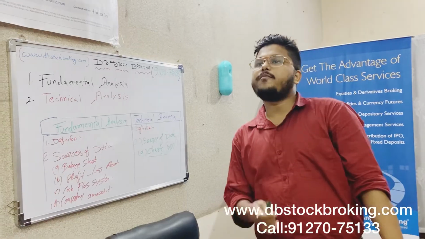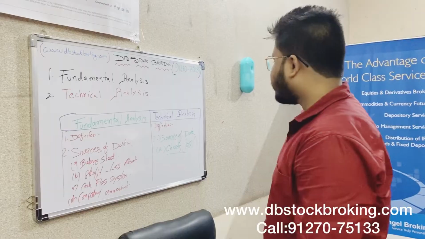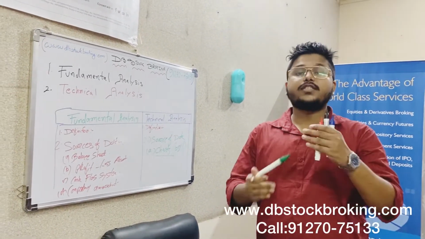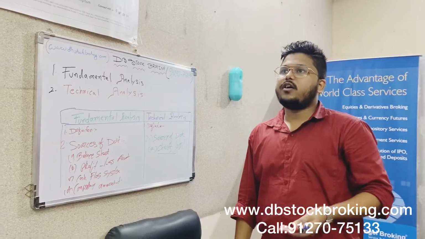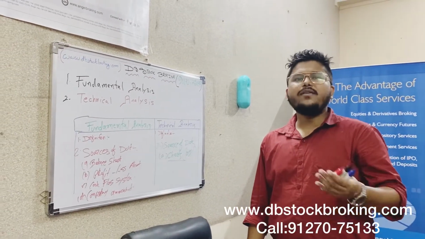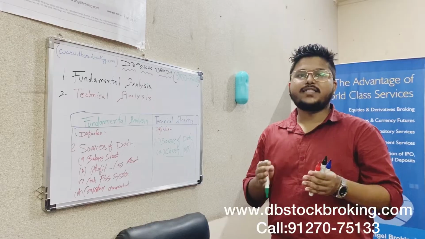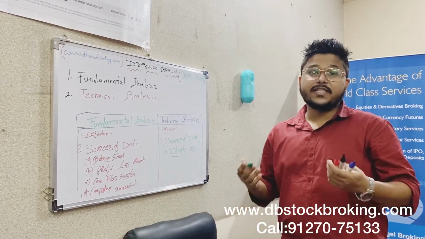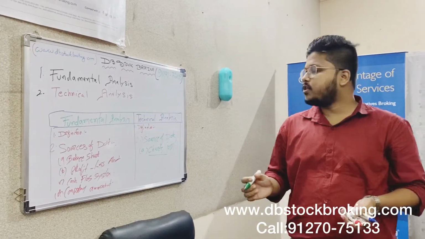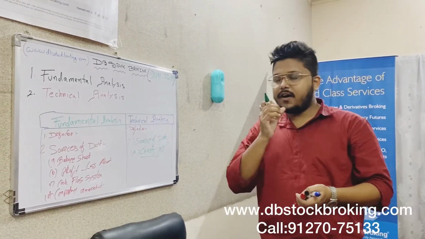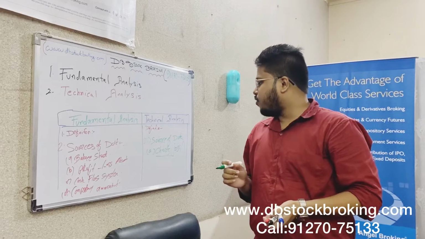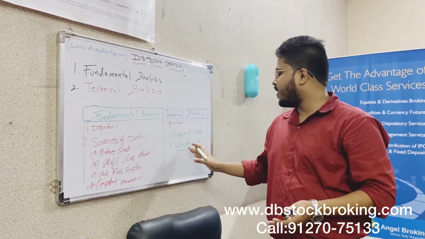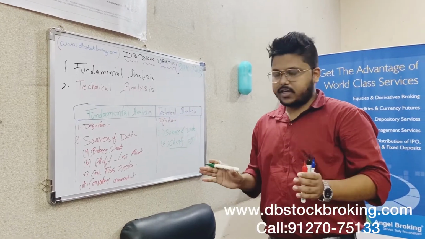It's not like you have only one or two types of charts. I will go deeply into what types of charts there are and how charts work, like candlestick patterns and many more. I will go step by step in the depth of my course, DB Academy, which is basically for the stock market, and it is free of cost. So for now, just remember that the source for technical analysis is charts.